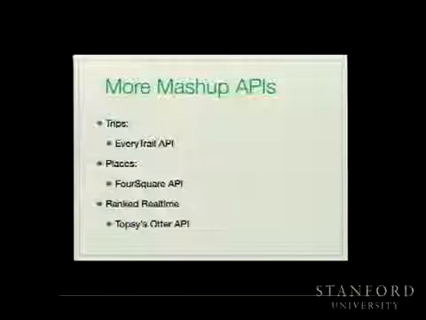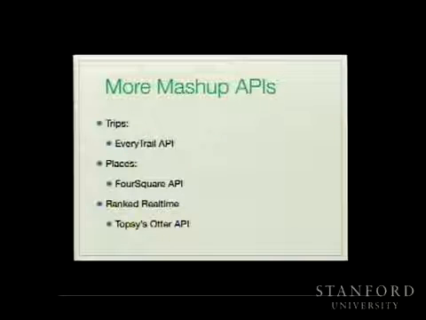And they use that basically to decide whether a tweet has more authority than another one. So they come up with a very cool ranking system that ranks tweets based on the person who tweeted. And you have an opportunity to play around with that data by using their API.